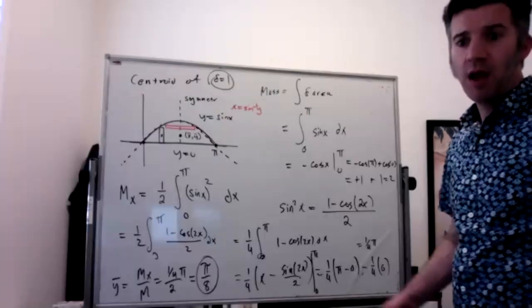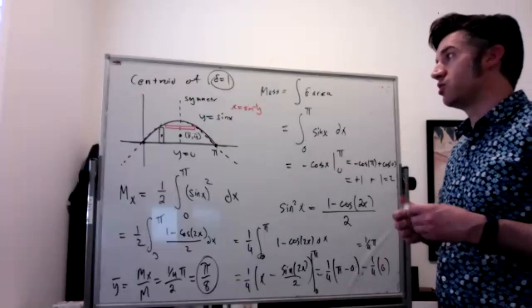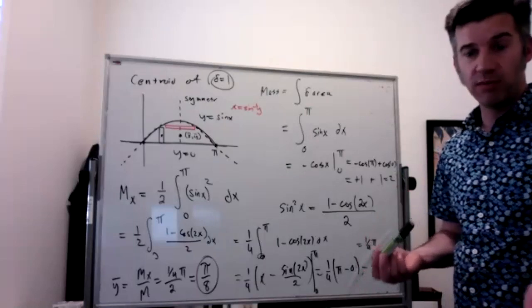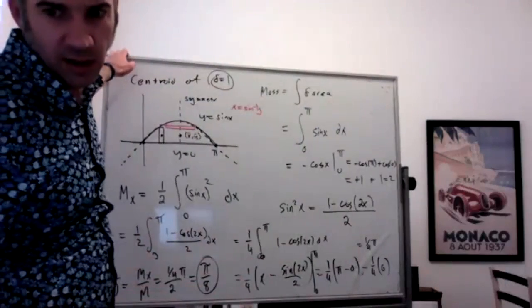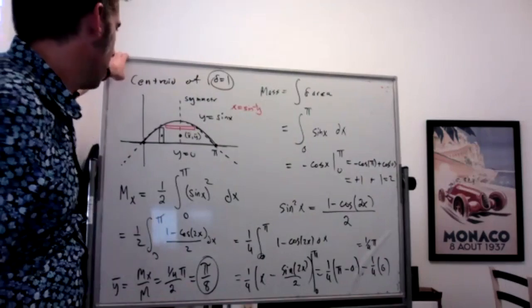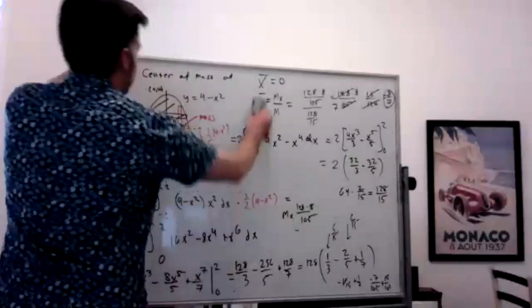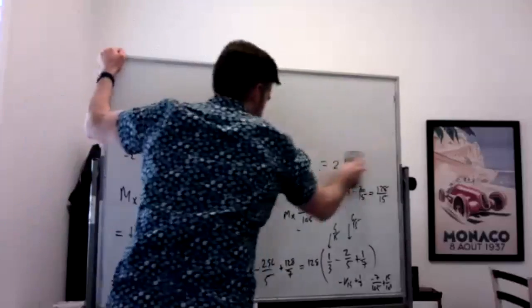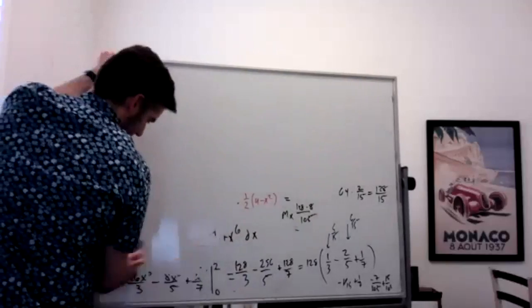You're welcome. The other thing you can use centroids for is to find volumes of revolution. So let's take a look here. Let's say I wanted to find the volume of that shape, sine of x, revolved around the x-axis.